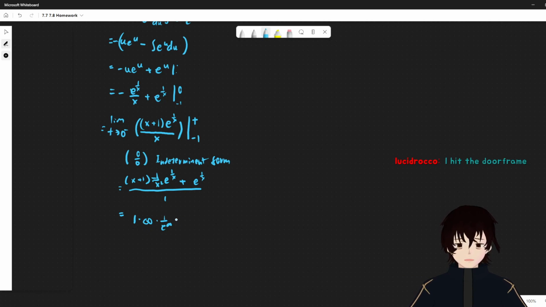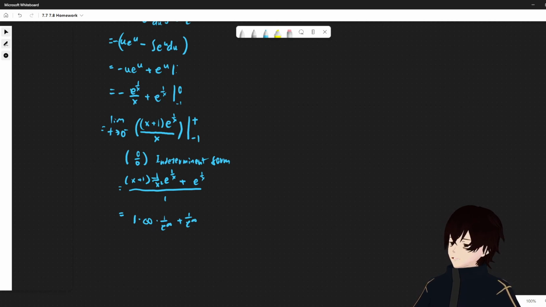Ouch, not the door frame. Hang on, e to the power of negative infinity. Another one? This is another indeterminate form? Unless I'm doing something wrong. Let me double check.